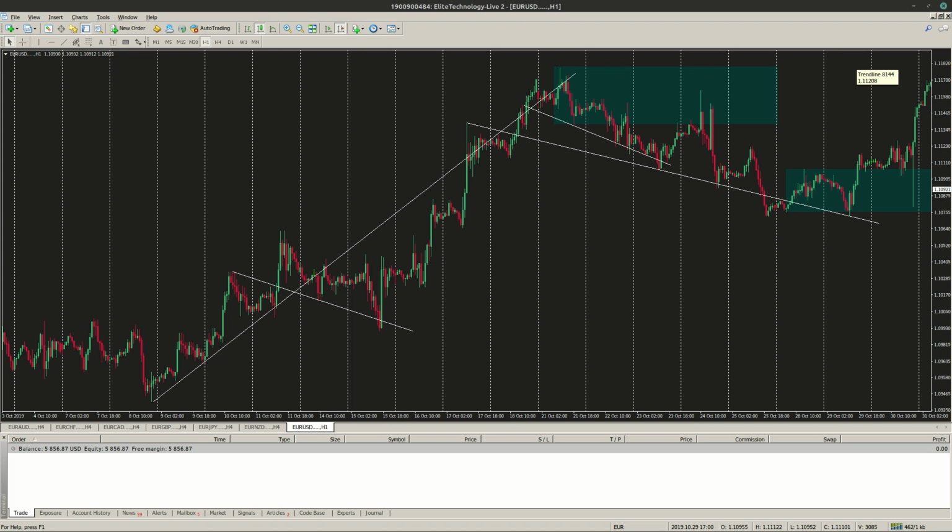What I want to do is focus a little bit more on support resistance walls and the kind of relationships that develop when you're drawing support and resistance walls.